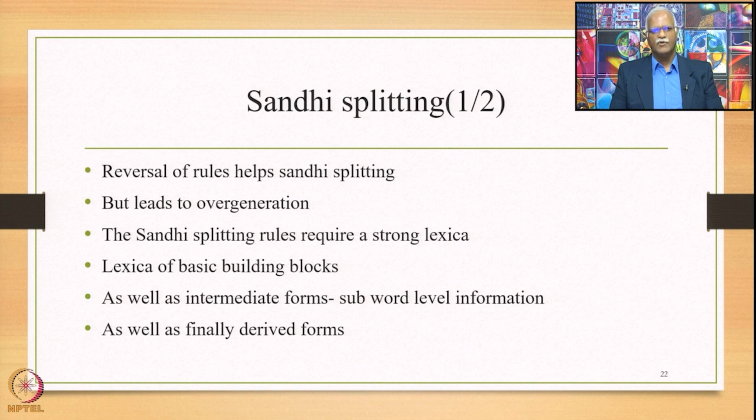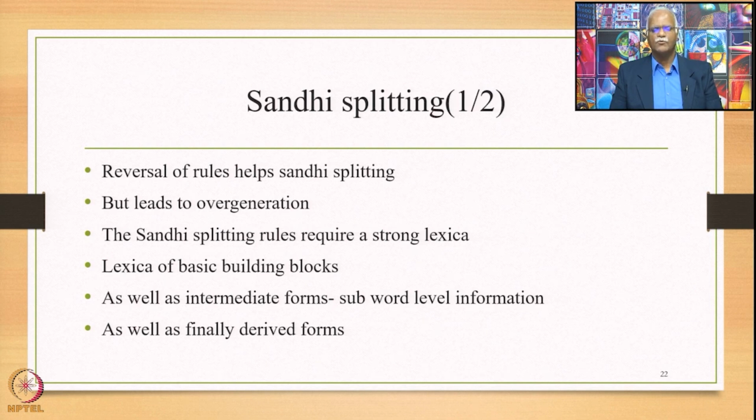So we will take an example of savarna dirgha sandhi. Now when you have to split a sandhi given a text, you will have to then tap each and every long vowel, for example, because there is possibility that every long vowel consists of the constituents a plus a, etc. 4 possibilities.